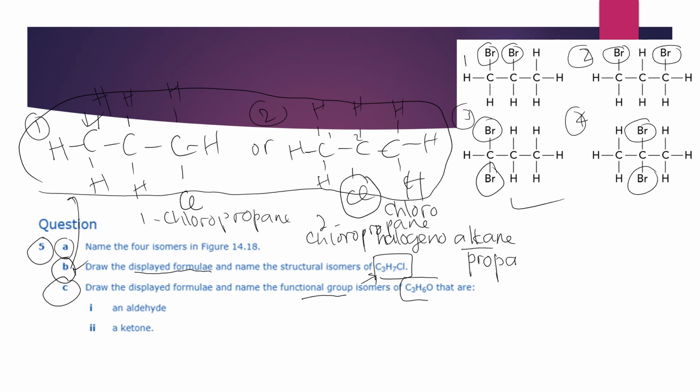Number C, draw the displayed formula and name the functional group isomers of C3H6O. So if we refer to alkane C3H8, and here we have only 6 H, then there are 2 hydrogens substituted by oxygen.